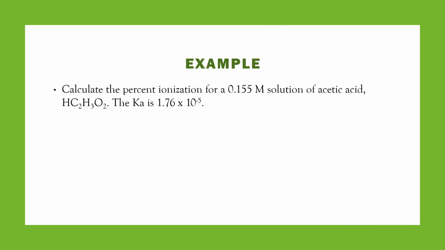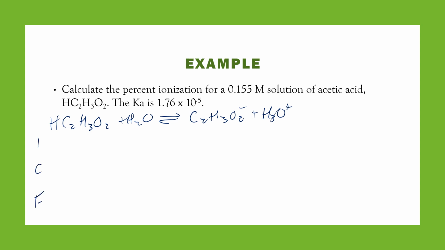Here's another example, but this time with percent ionization. Calculate the percent ionization for a 0.155 molar solution of acetic acid, and the Ka is 1.76 times 10 to the negative 5. Acetic acid, which we talked about, plus water, gives our conjugate base and hydronium.